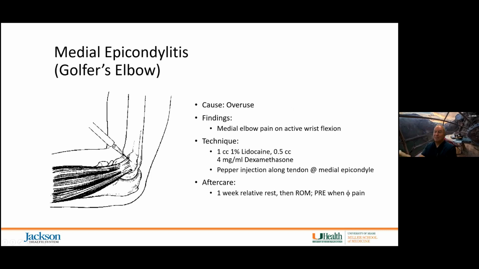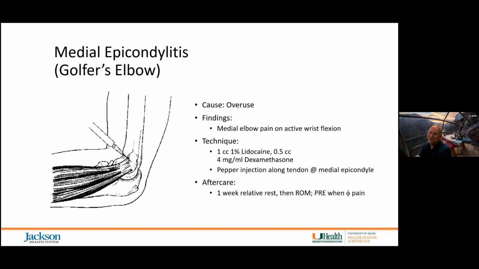The medial epicondylitis, so we typically call that golfer's elbow, is also treated fairly similarly. Now you've got the wrist flexors instead of the extensors that you're working with. Pepper along the tendon, relatively small dose in here, and still I use a tennis elbow strap, even though this is golfer's elbow.